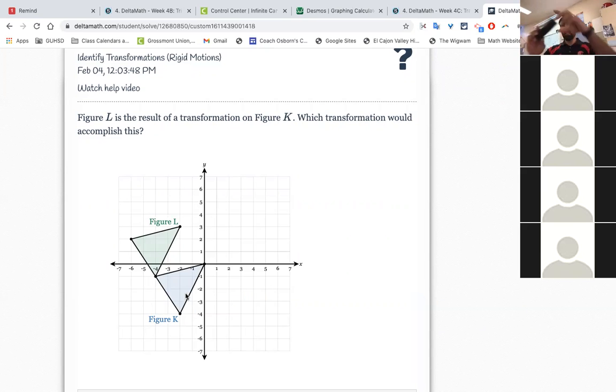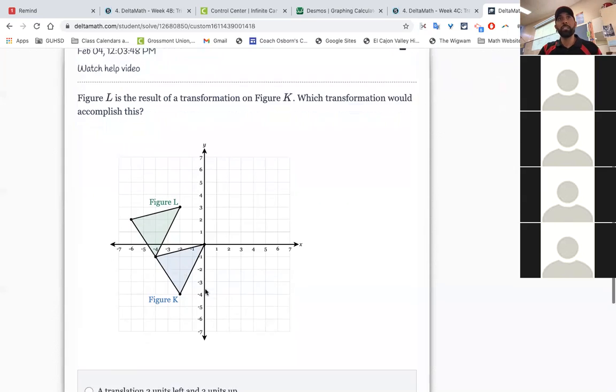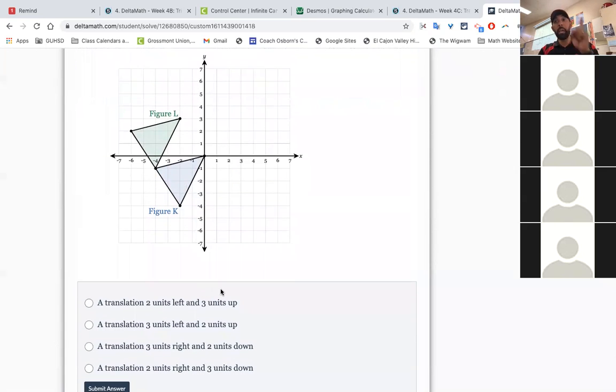As soon as you see that it has maybe turned its orientation a little bit, that means it's going to be a flip or rotation, not a translation, okay? So you can see here that this thing just shifted up to the left, so you know that's going to be a translation. Pick one point and figure out the path that point had to travel to get to the next spot.